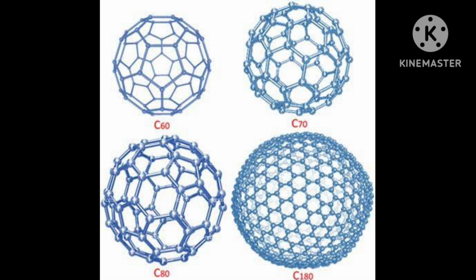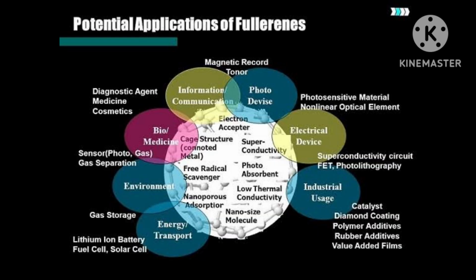the C60 molecule, with 60 carbon atoms arranged spherically. This was called fullerene because its molecular structure resembled the geodesic dome designed by the American architect Buckminster Fuller.